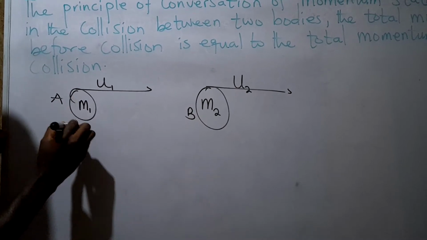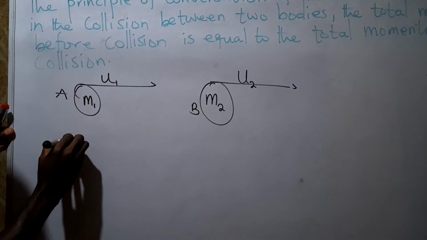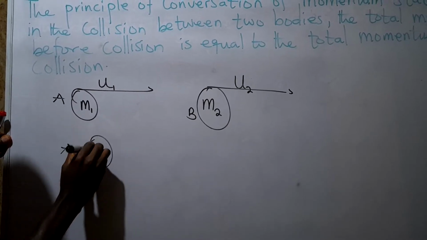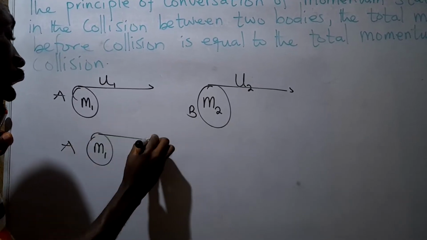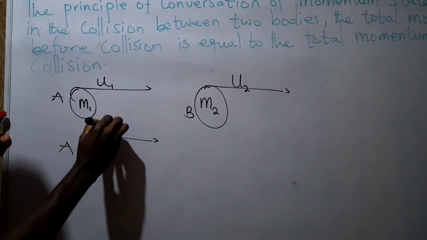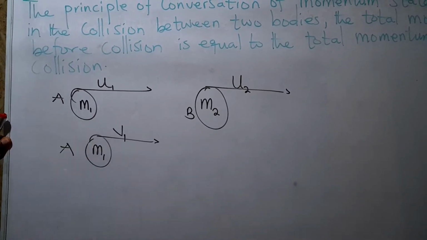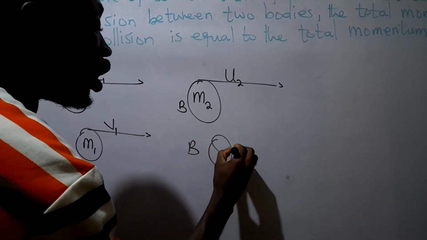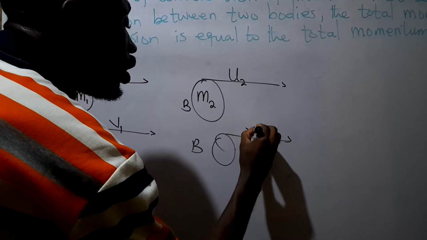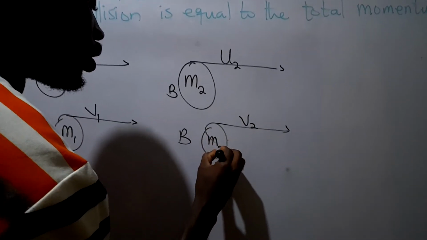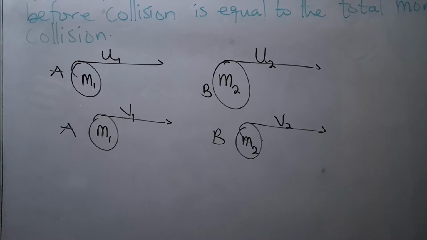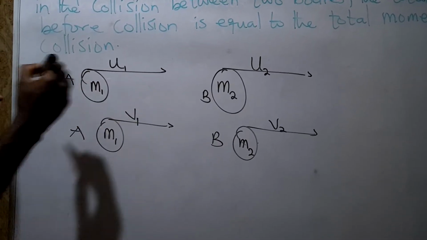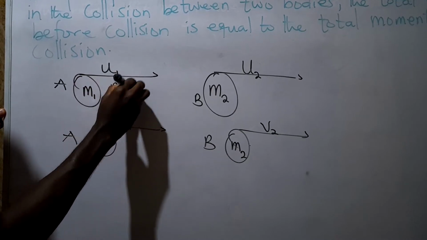Now, maybe after collision, car A of the same mass m1 happens to move at a speed, let's say v1, and B happens to move at a speed, let's say v2, with the same mass. Then before collision, the momentum of car A will be m1 u1.